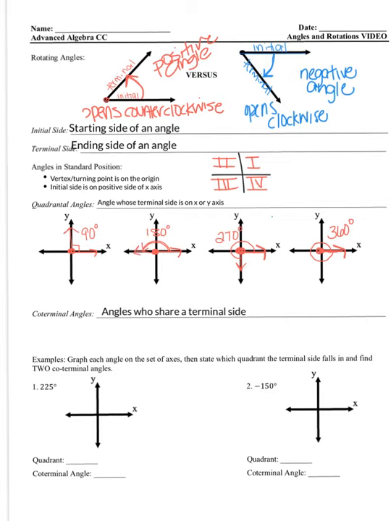If you want to put in parentheses, co-terminal, when you think of the word co, right, if you have a co-captain or a co-teacher, that means that whatever it is that you're doing, you're doing it together. Co means together. Terminal, before we said, means end. So if you want to write this definition, you can: angles who end together. They end in the same spot. They might have gone different directions to get there, but they still end in the same spot.